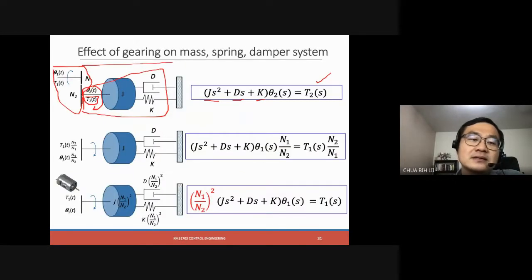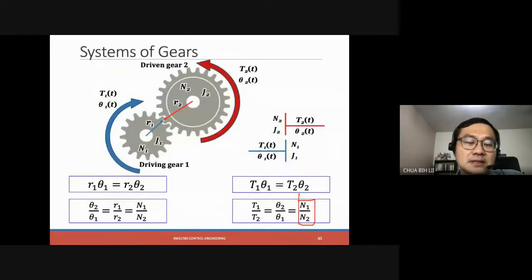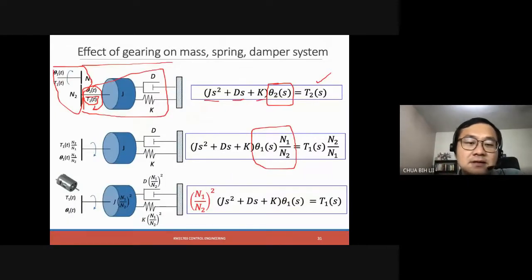We know that the torque, the gearing ratios, and the rotational angles are interconnected. So the relationship between theta 2 and theta 1 can be given as this. You just refer back: theta 2 and theta 1 are related like this. So we just substitute the theta 2 relationship over here.